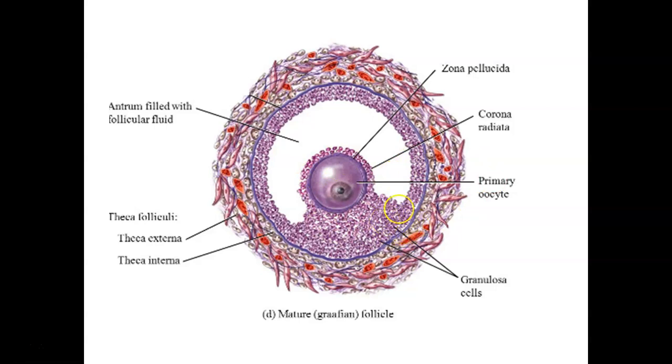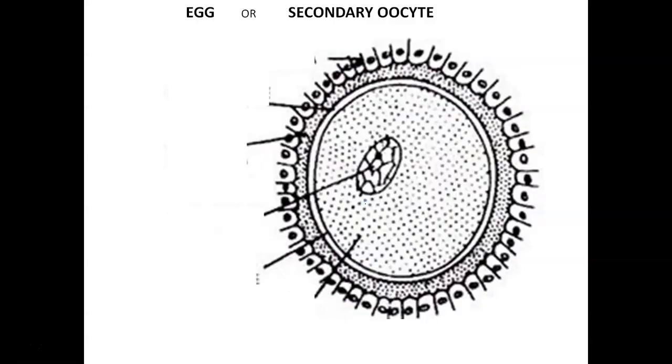This was the mature follicle. Now we'll see only this part, that is the secondary oocyte, the egg, because the egg which is released at the ovulation time, the 14th day, is actually the secondary oocyte. So now we are going to label the secondary oocyte. We will move from outer to inner. The outermost is the corona radiata.